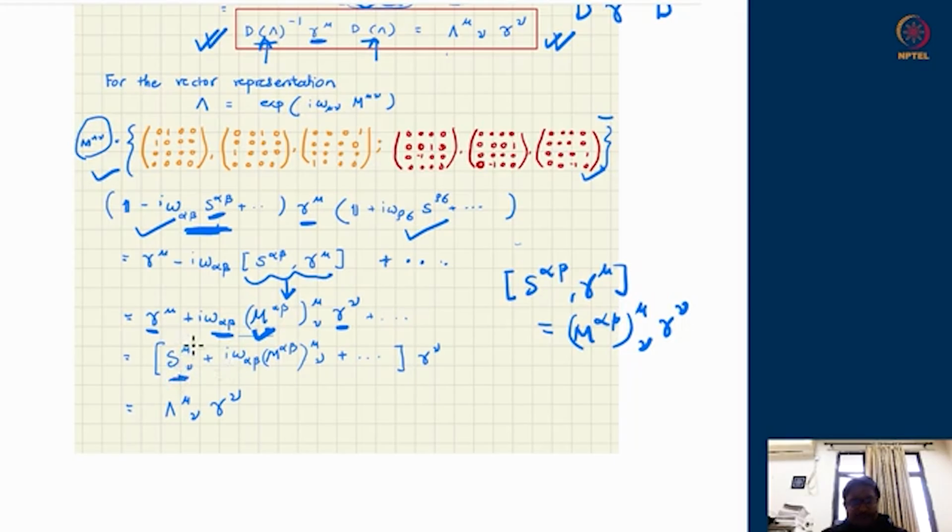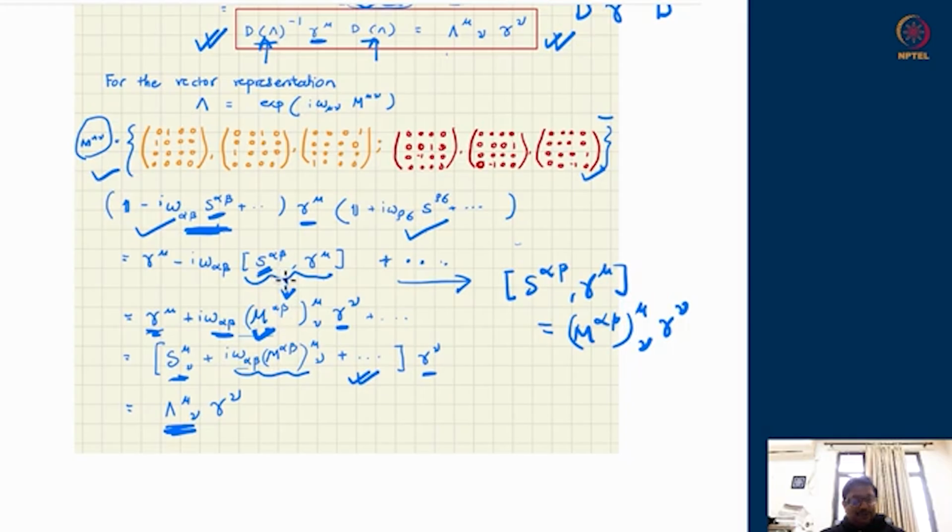Together it can be written as an identity matrix multiplying gamma mu, and then this matrix multiplying gamma nu, and this is just an expansion of the exponential, if you recall, which is nothing but the vector representation of the Lorentz transformation. So I started with a spinor representation of Lorentz transformation, put the D inverse and D from both sides. I use an identity which I have not proven, but it is easy to prove, that the commutator of the spinor representation generators and gamma mu leads to a vector representation generator.